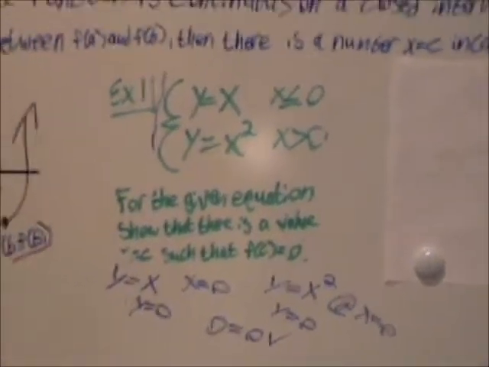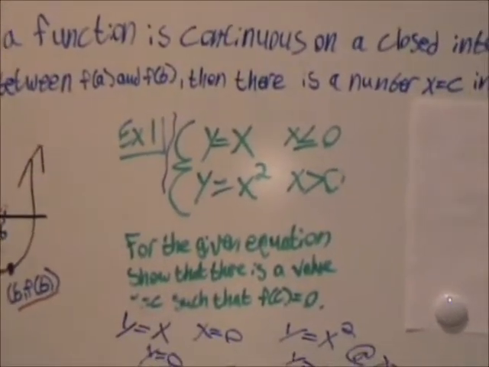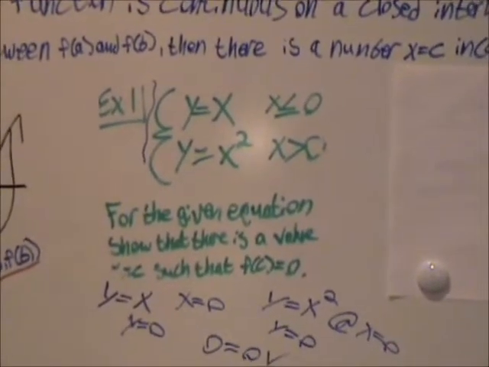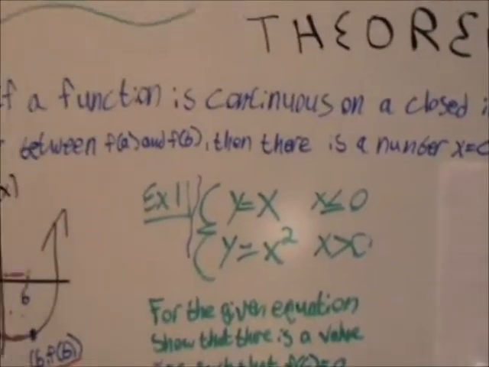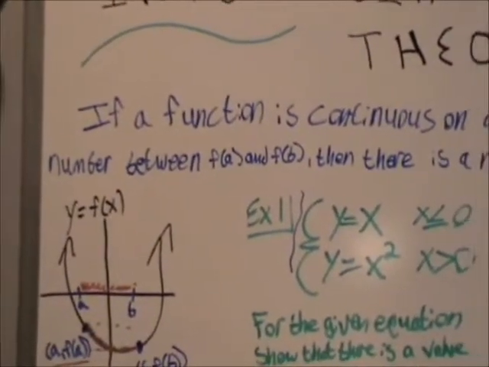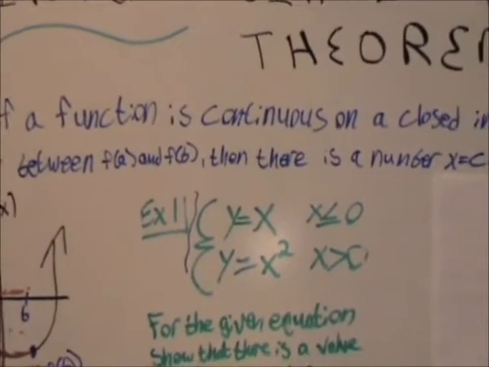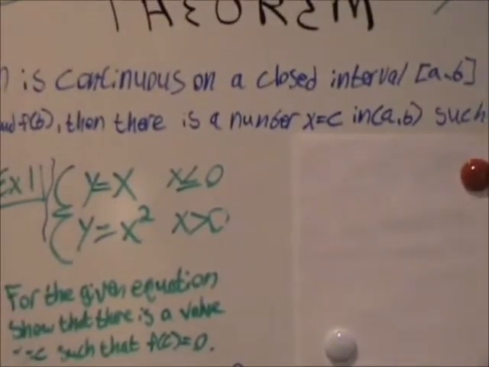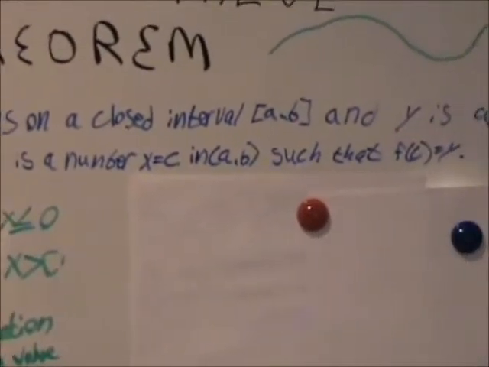Therefore, we know that both of these functions are continuous on their own. So, as a whole, this equation is continuous. We can use the intermediate value theorem to say then that there must be some value, x equals c, such that f of c equals 0. Pretty simple, pretty nice and easy.